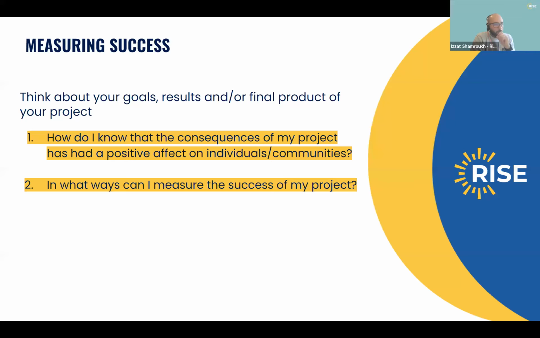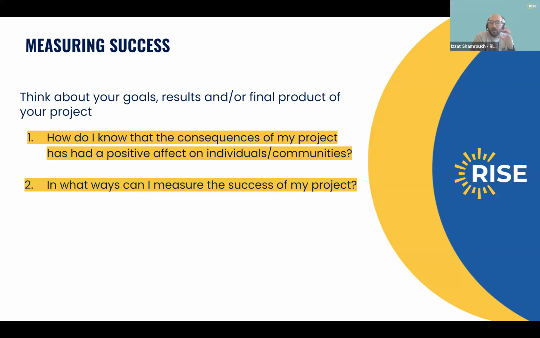Or in the example of teaching English, is it by how many people I have been able to deliver this website to? Or is it by them passing some sort of exam by the end? Or is it by a feedback form that I send to them, and they give me the feedback that I am looking for, or the impact that I want to measure from them?